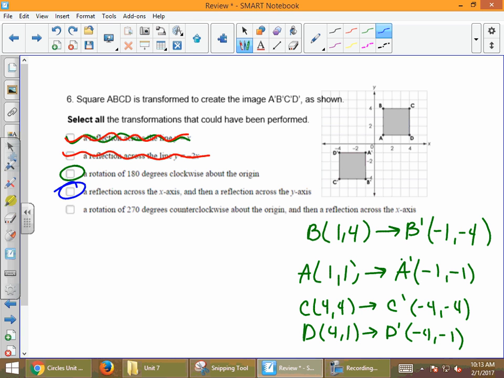Okay? If you don't remember that, that's okay. Just reflect the square over the x-axis. It's an x first, right? Reflect it over the x-axis. Count 1, 2, 3, 4.